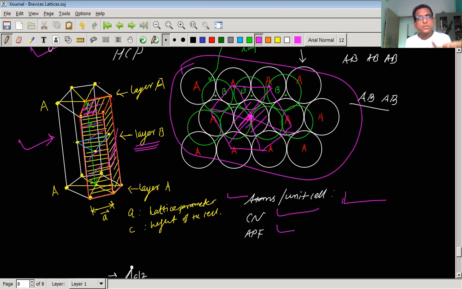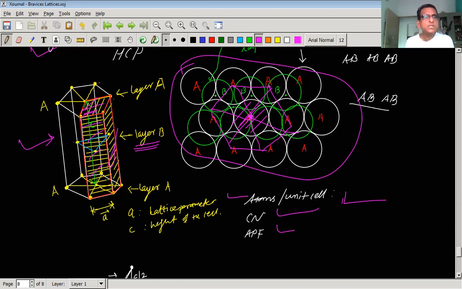So 6 plus 6, isn't it? And obviously these atoms will be shared by adjacent 6 unit cells. So the contribution of one atom to a particular unit cell will be just 1/6.